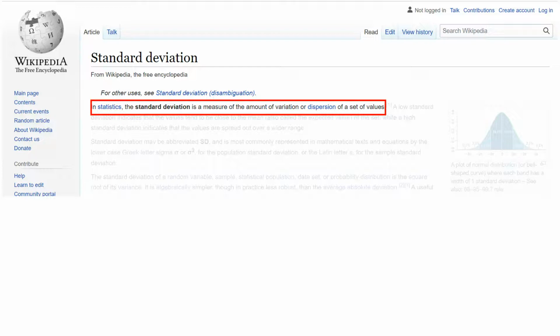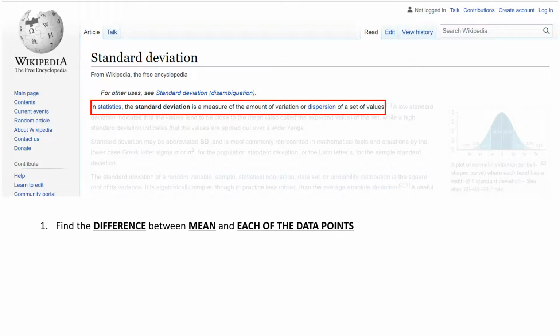Like we had the transactional amount for each of these cities, that was the set of values, and the differences from the mean which we are trying to get will be called dispersion. To calculate the standard deviation, we usually take these steps. Let's have a look one by one.